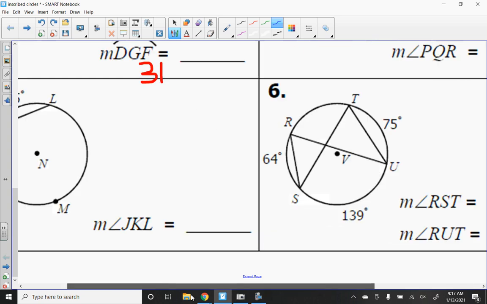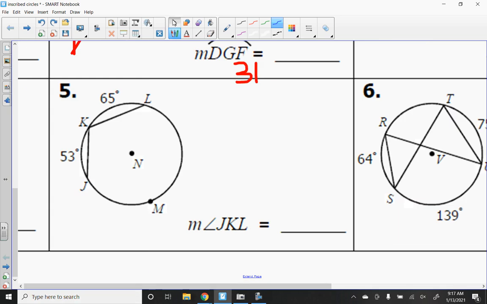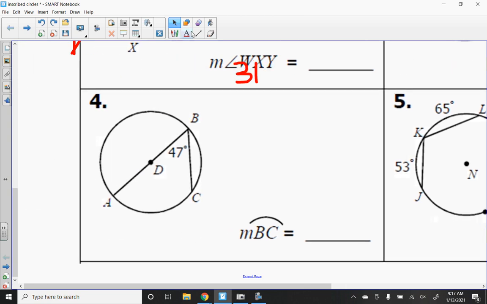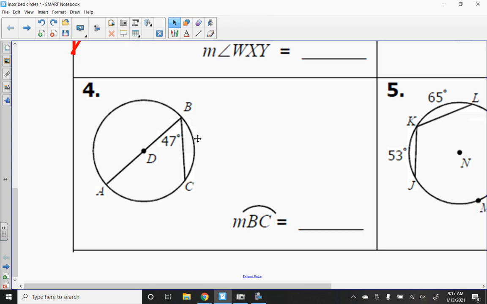Number 4. All right, we want arc B to C, so we're looking for this one. So here is our first question that wants an arc that's not associated with the angle it gives us.